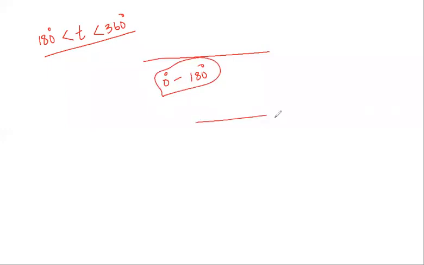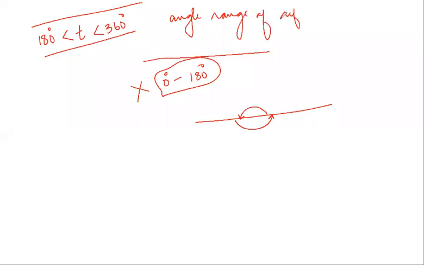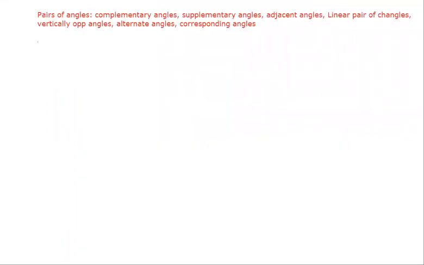For all angles from 0 to 180, we will not find a reflex angle; the reflex angle is between 180 and 360. The reflex angle is not possible between 0 and 180 degrees. So this is the range of reflex angles, right, students?